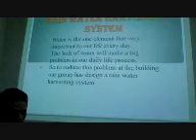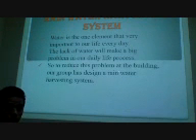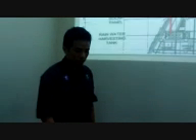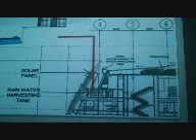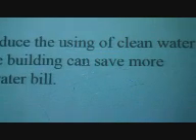About the crisis of water. This is our rainwater harvesting design at the building. This system will be placed at the top roof of the building so that water efficiently goes through the system.